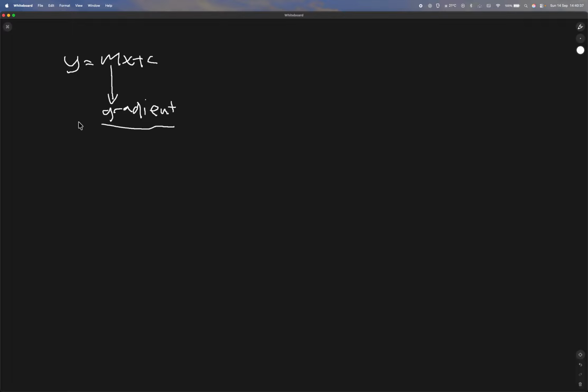Now, perpendicular, I'm going to use this little sign here for perpendicular. The perpendicular gradient to m is equal to negative 1 on m.